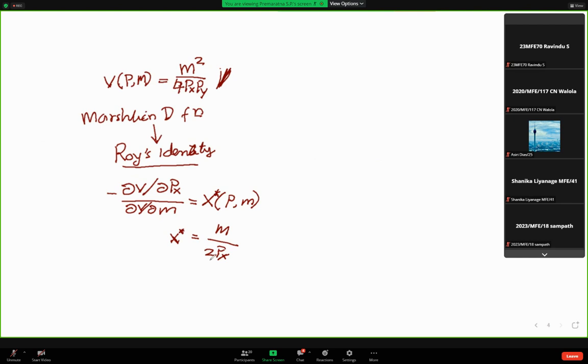That is the Marshallian demand for x. Similarly, the Roy identity we use to derive the Marshallian demand function for y: you differentiate with respect to py and divide by the differentiation with respect to m. So you derive the demand for y.